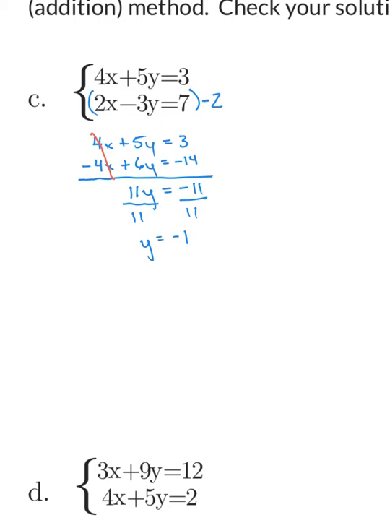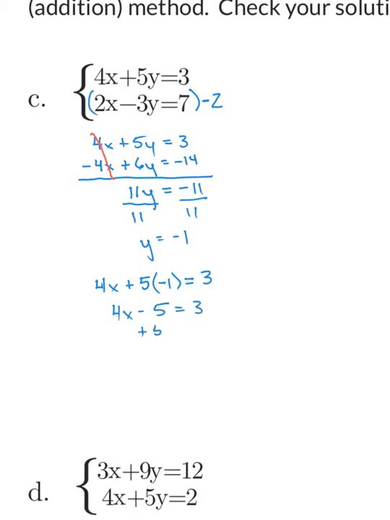Alright, so now if we plug this back into an original equation, I'm going to go with the top one, because either one of them is going to be the same level of difficulty. We get 4x plus 5 times negative 1, since that was y, equals 3. If we multiply, we get 4x minus 5 equals 3.